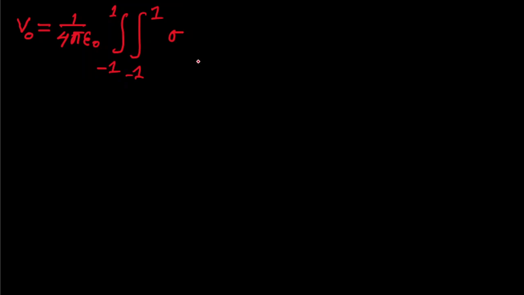And now we have to replace small x by capital X, and also small y by capital Y. So for small dx, we have to write a by 2 into capital dX, and for small dy we have to write a by 2 into capital dY.